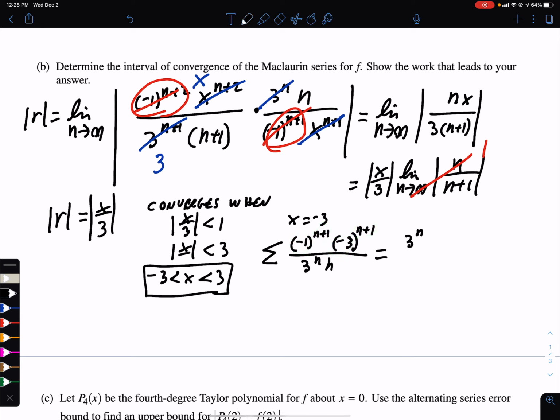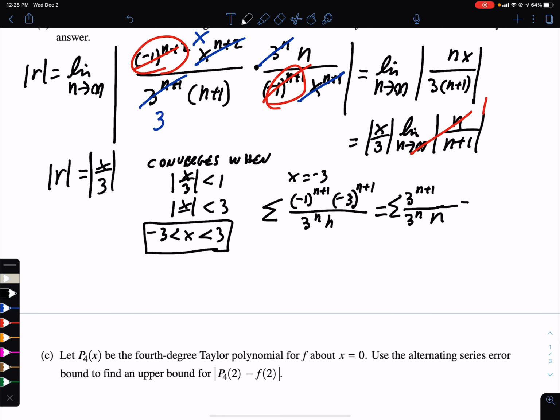That gives me 3 to the n plus 1 over 3 to the n, so I have the summation. And if I keep going, the top I can rewrite as 3 to the n times 3. So these are going to cancel. So I get 3 over n, which is 3 times 1 over n, and that's a divergent harmonic series.